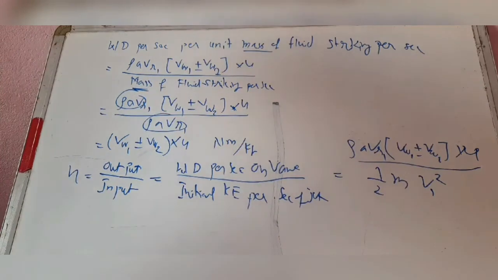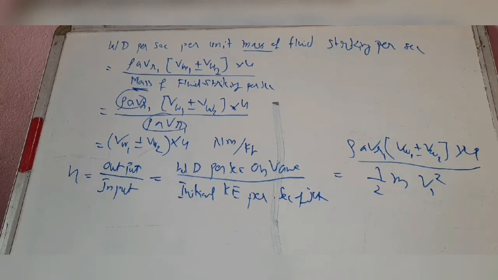V1 square is the initial kinetic energy per second, and m is the mass of fluid per second in the jet, that is rho A V1, where V1 is the initial velocity of the jet.